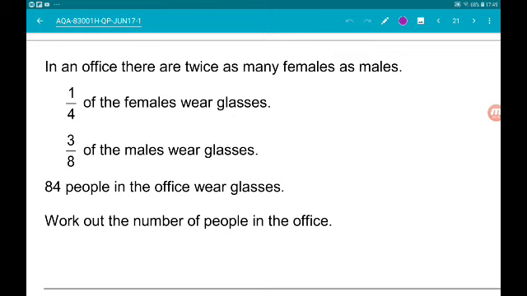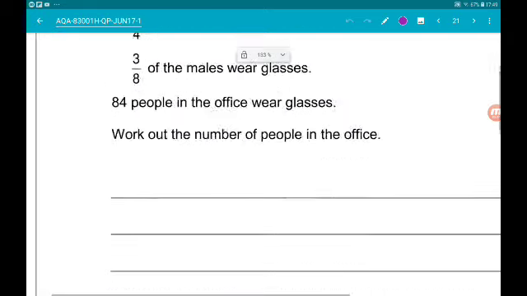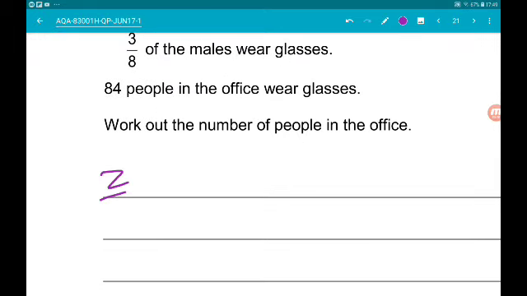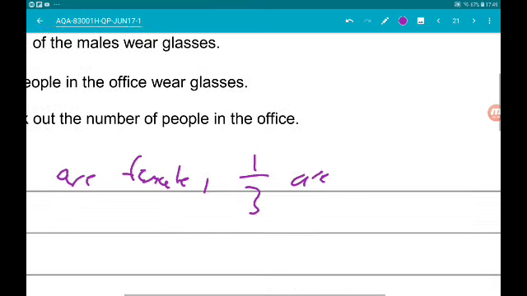We are asked how many people work in the office. So, first up, if there are twice as many females as there are males, then 2/3 are female and 1/3 are male.